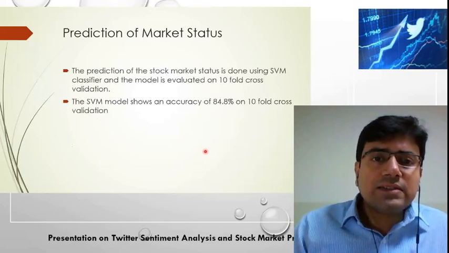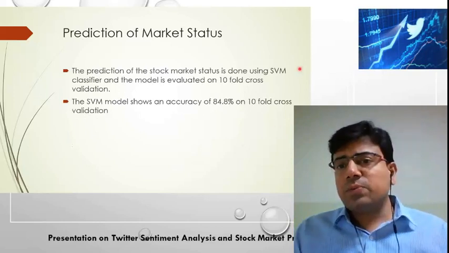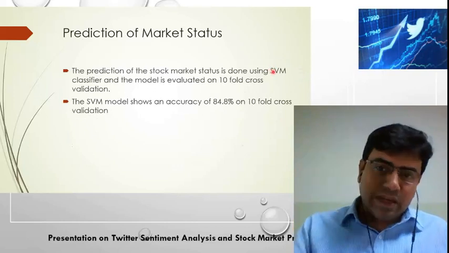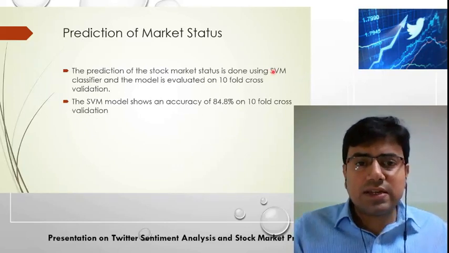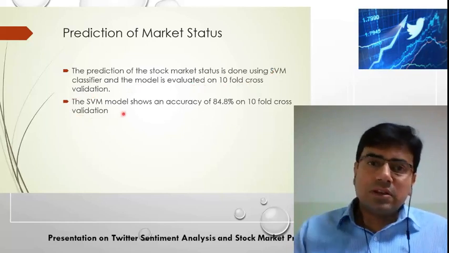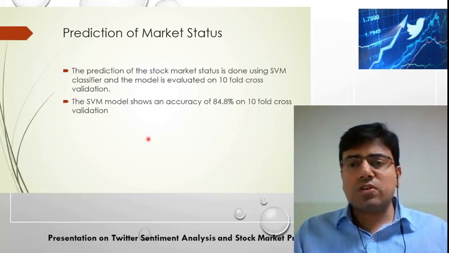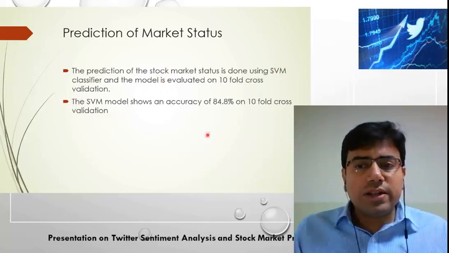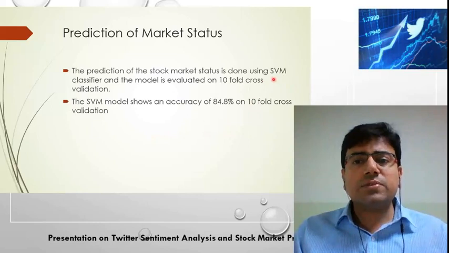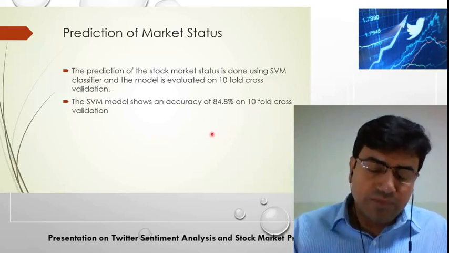So we utilize the features corresponding to the tweets and trained a support vector machine on the same training set we discussed earlier, and the support vector machine performs the stock market status prediction, either +1 or -1, and on tenfold cross validation the support vector machine gives 84.8 as the accuracy.